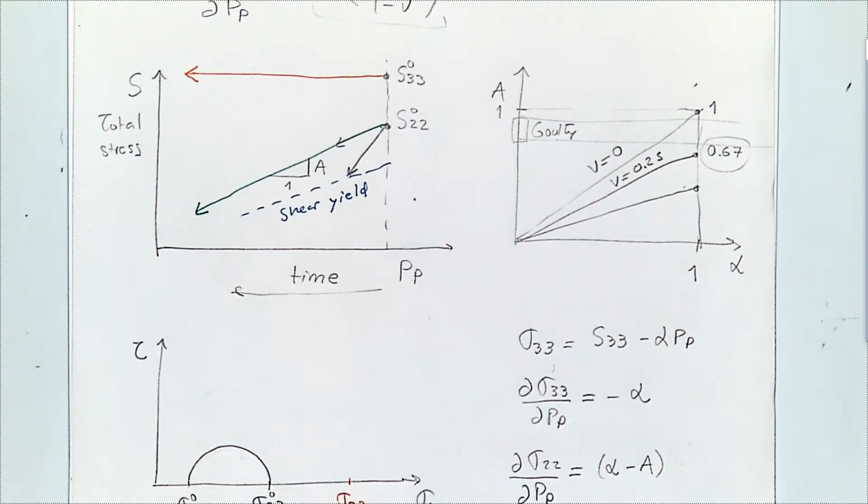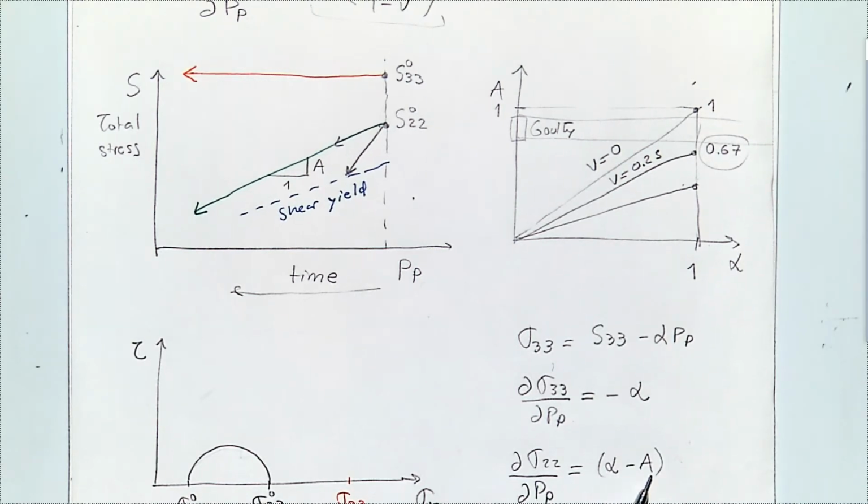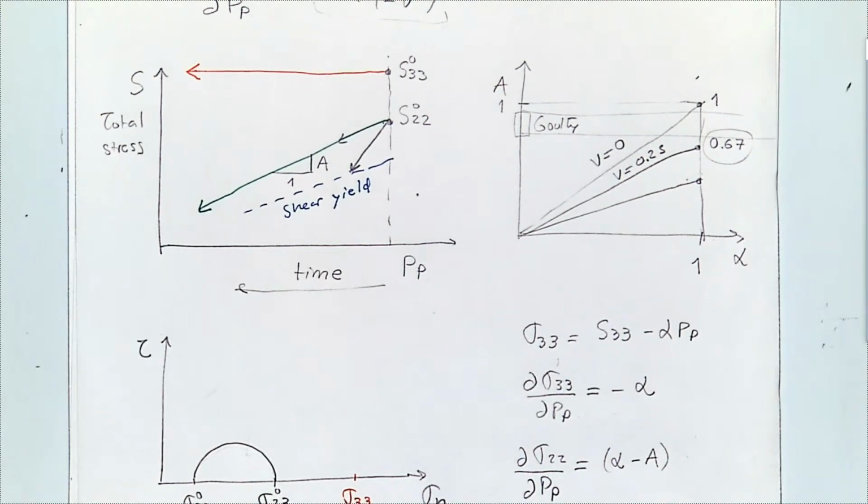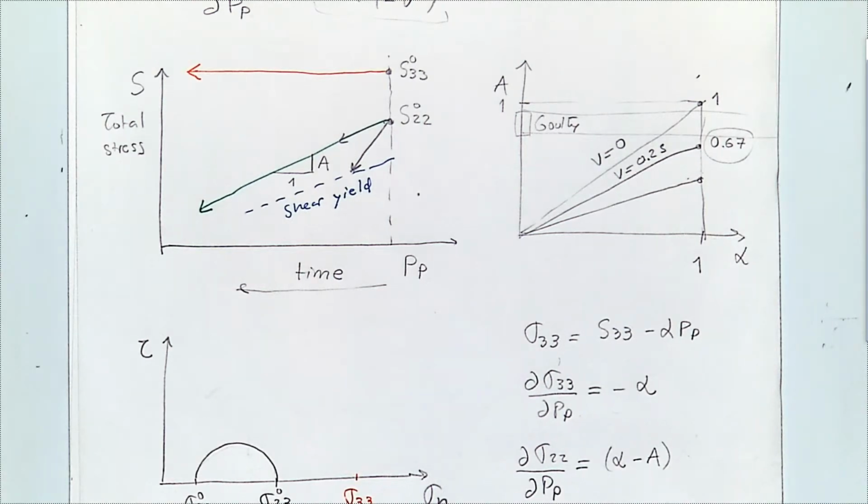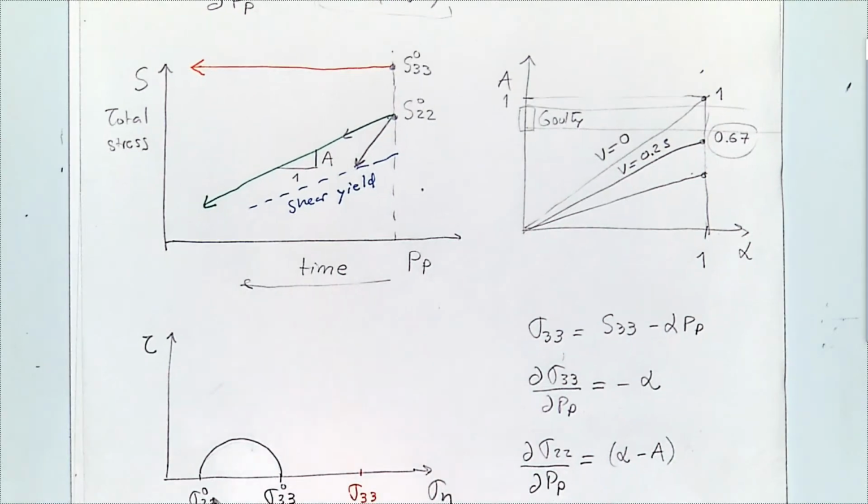We know that vertical effective stress is going to change alpha times delta P. Effective horizontal stress is going to be alpha minus A, where we saw that A can be quite large, but still less than alpha. And what that means is that this horizontal stress is not going to increase that much, but it will increase.